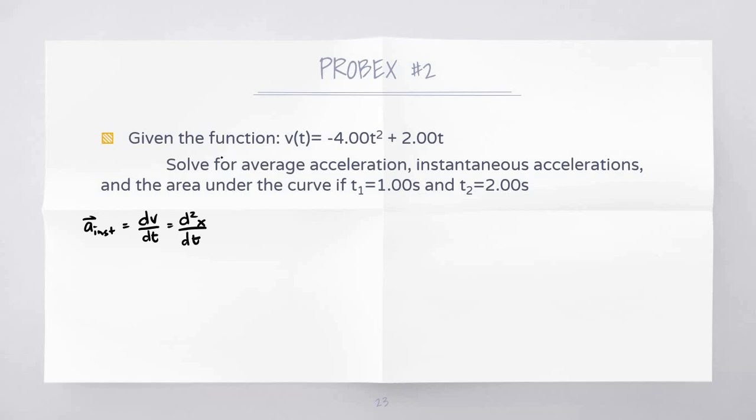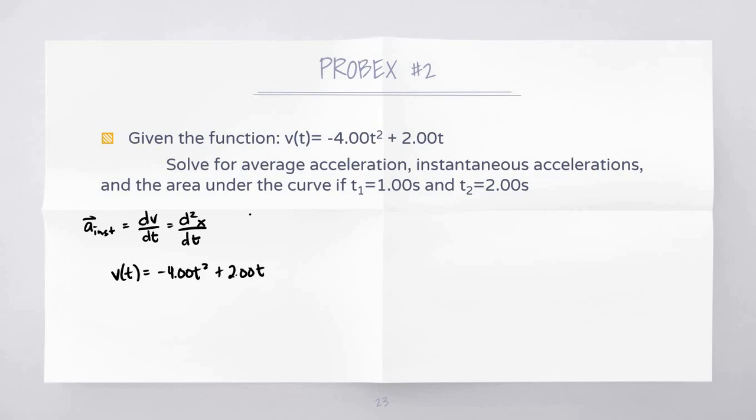But this time, the given function is a velocity with respect to time function. So just get the first derivative of this function first, and then substitute the values of t sub 1 and t sub 2.